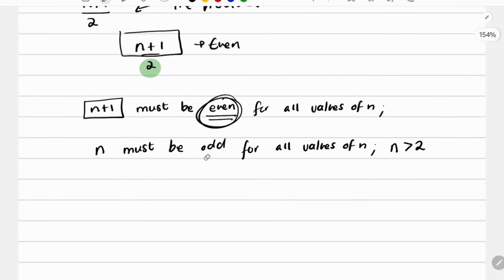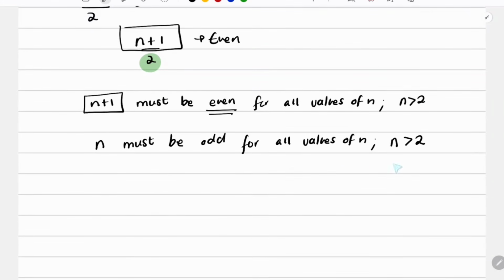Okay, so there, n must be odd for all values of n where n is greater than 2. And of course, that will also apply here as well, because if n plus 1 must be even, then this needs to be even. If it's equal to 2, 2 plus 1 is 3, which is odd. Okay, so it needs to stay even, so therefore n must just be greater than 2, not equal to 2. Okay, so that would be the answer there.